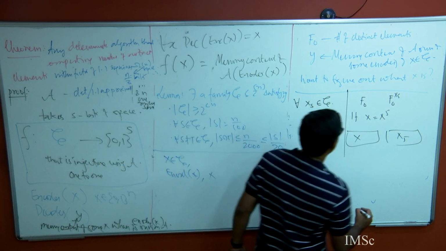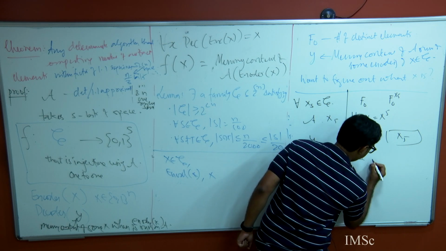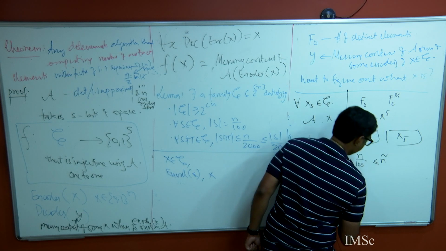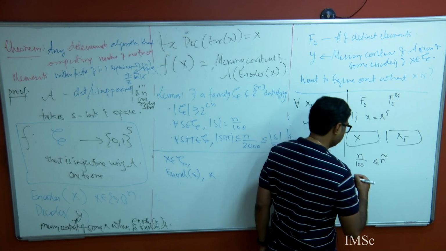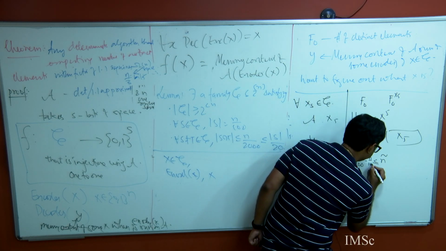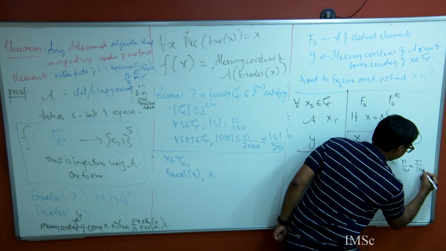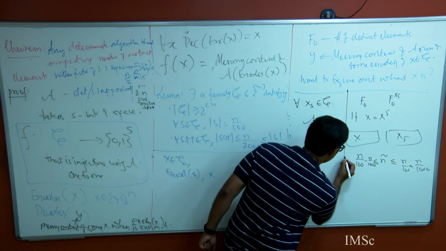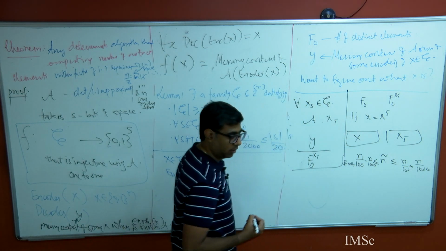So as I wrote before, I'm going to get some number n tilde, which is n by 100 minus n by 1000 times n by 100 plus n by 1000, since it is a 1.1 approximation. This is the case if x equals xs.